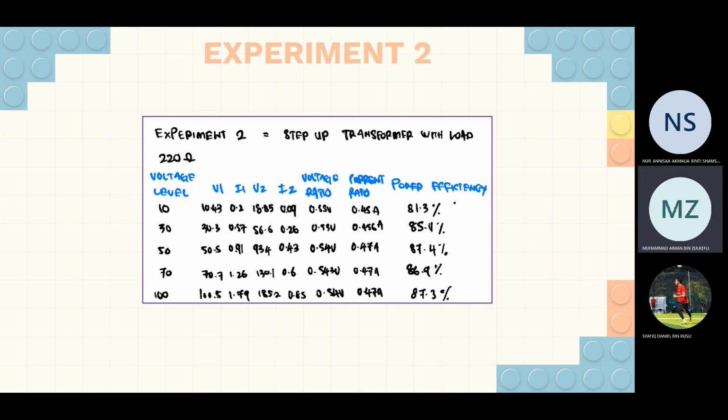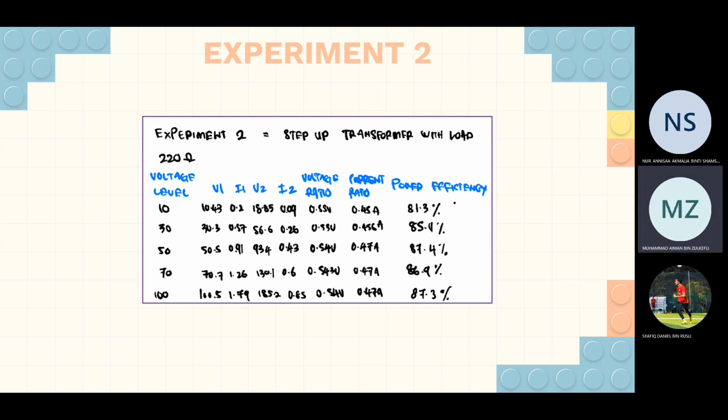For P out, we use the same formula: I2 multiplied by V2, and then we get P out. So we already have P in and P out. Then P out divided by P in times 100%. After we put the values into the formula, we get the power efficiency. You can see that the power efficiency for the 10 volt level is 81.3%.